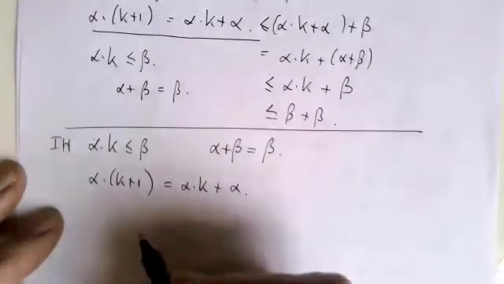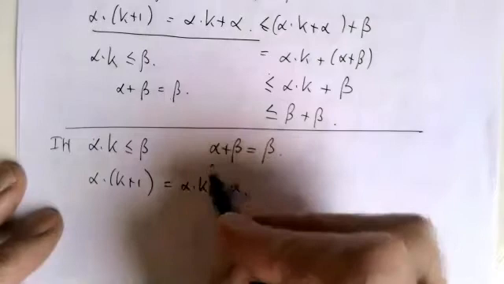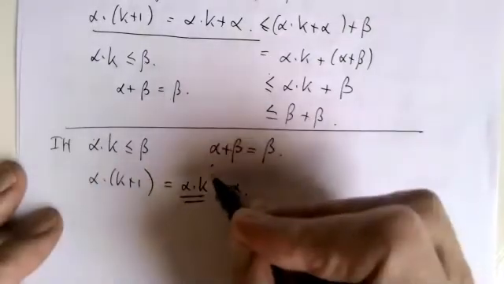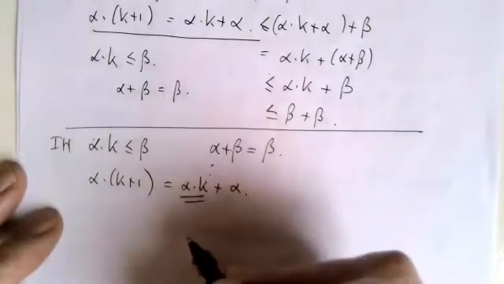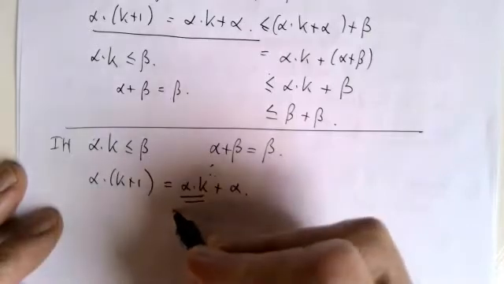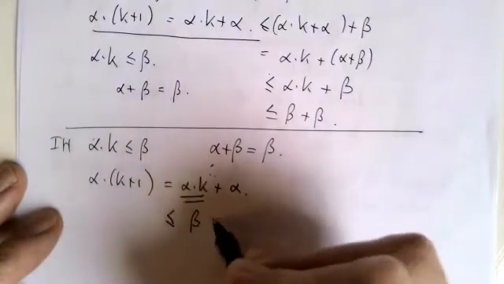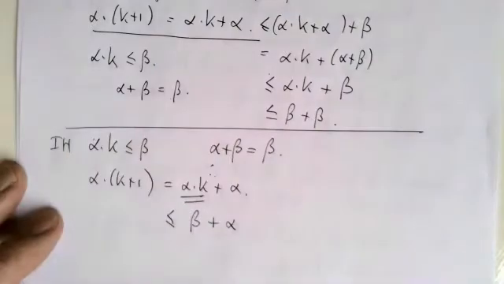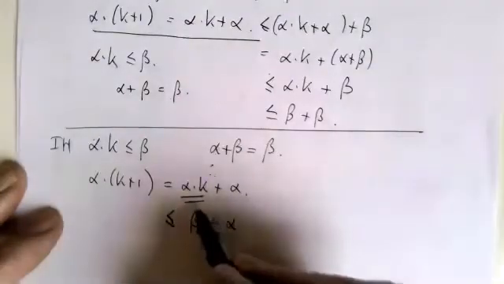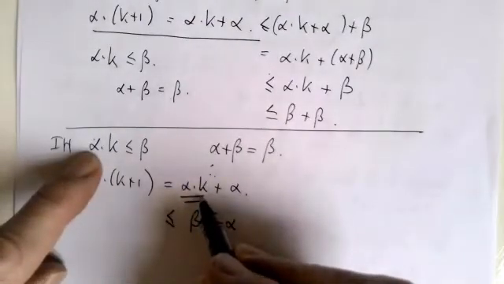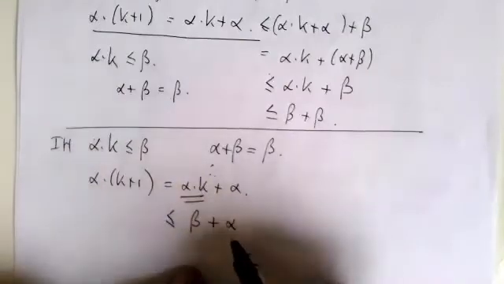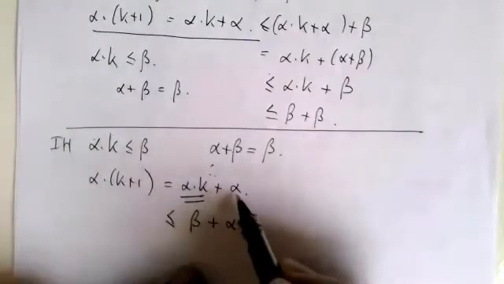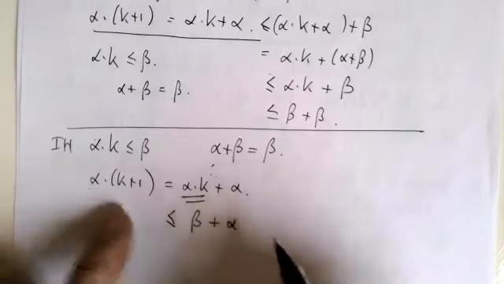So if you use alpha times k is less than or equal to beta from the inductive hypothesis, you can then replace that with beta, and then that whole thing is less than or equal to alpha plus beta, and that's equal to beta. So alpha times k is less than or equal to beta, and I've got alpha times k plus alpha, right, from here.